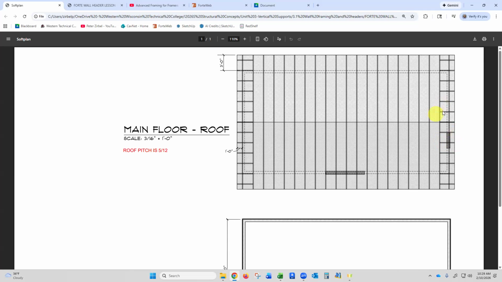So these little outlookers are going back 2 feet here. They're sticking out 1 foot past the wall and they're going back 2 feet. So half of that 2 foot space goes back to the next truss and half of it comes onto our header here. So this is only going to have a 2 foot tributary width.